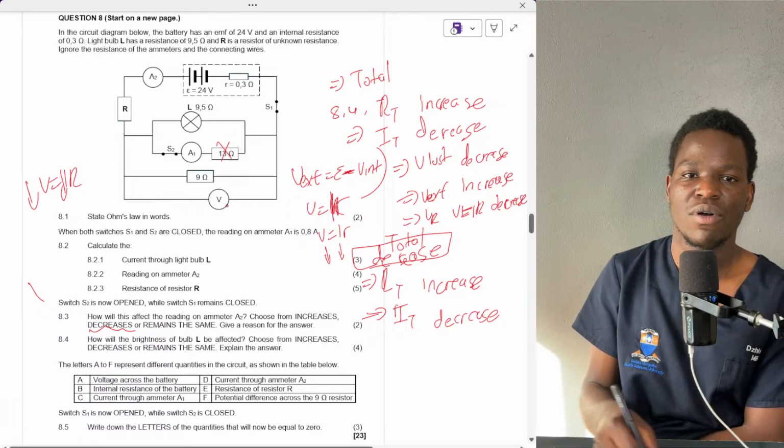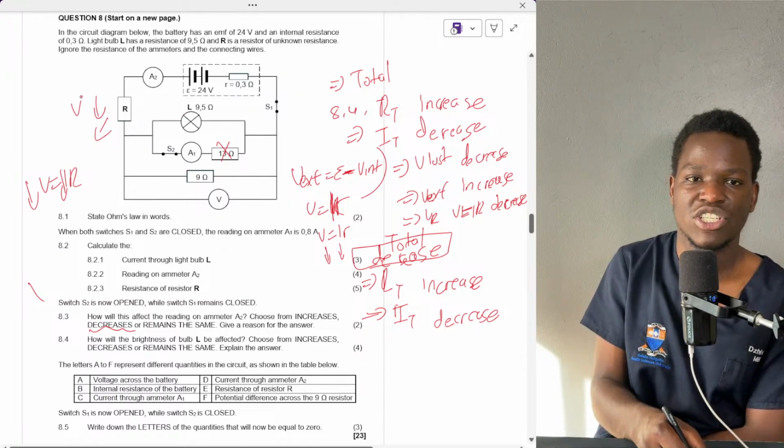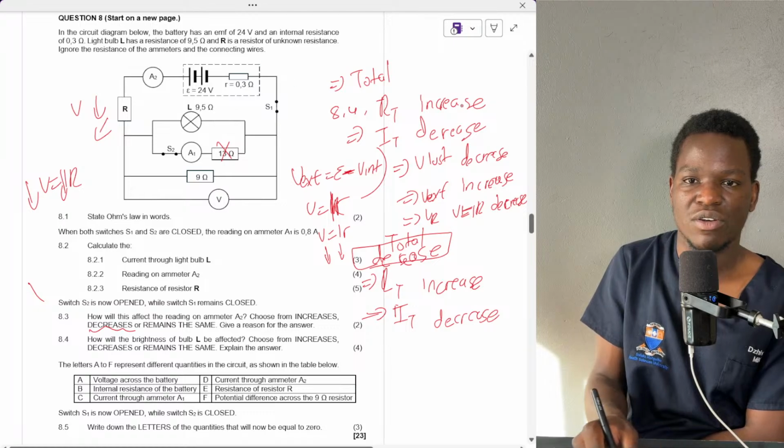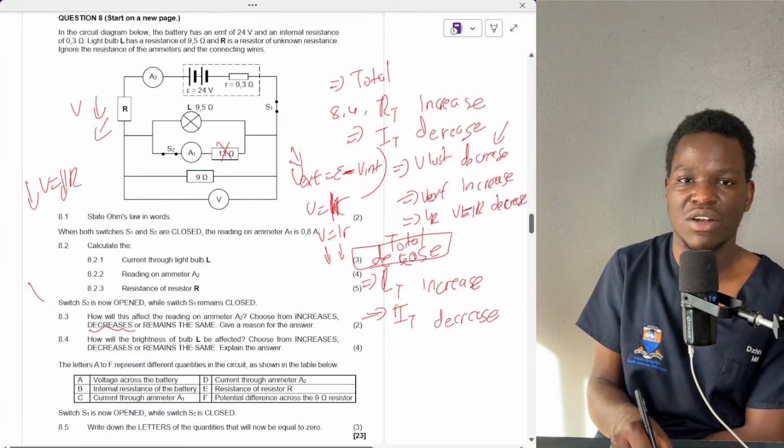And then if this one is taking less voltage, and we see that V lost has also decreased, it means that V external going to this one will be higher.